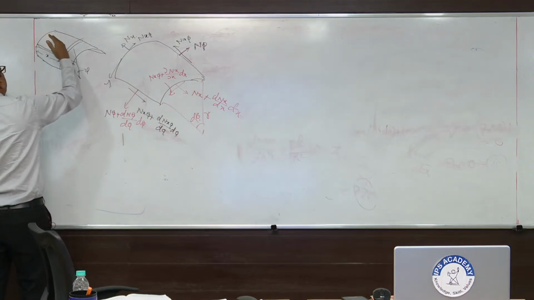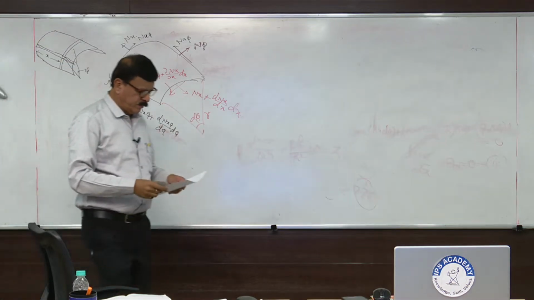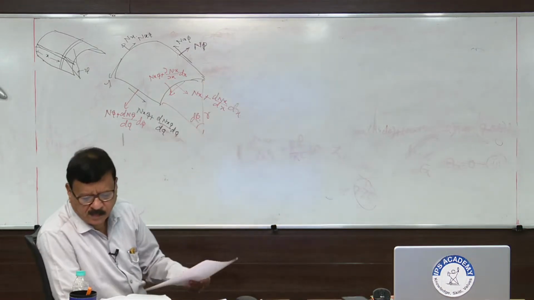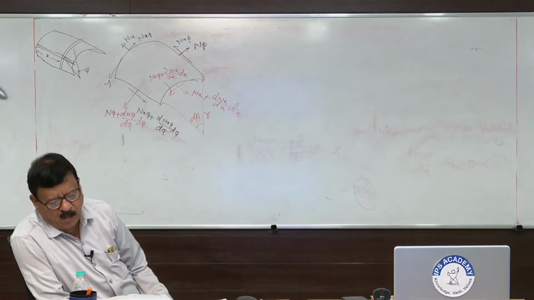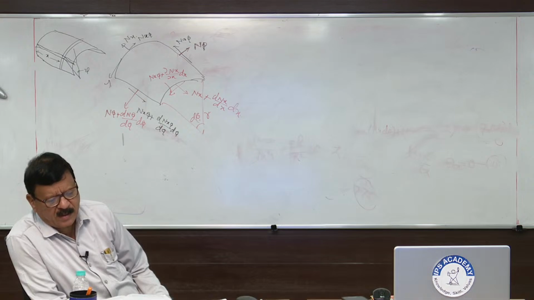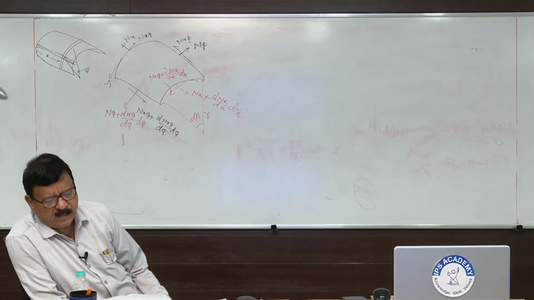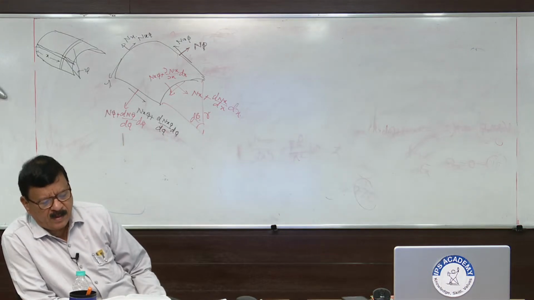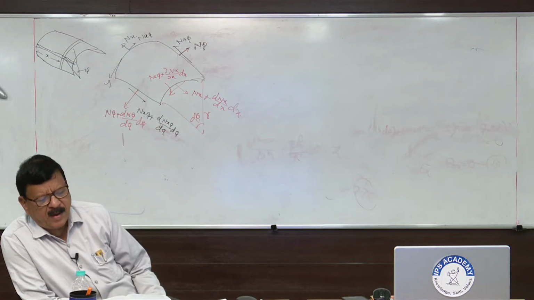So, two adjacent generators and two cross sections perpendicular to the x axis. And its position is defined by the coordinate x and angle phi.